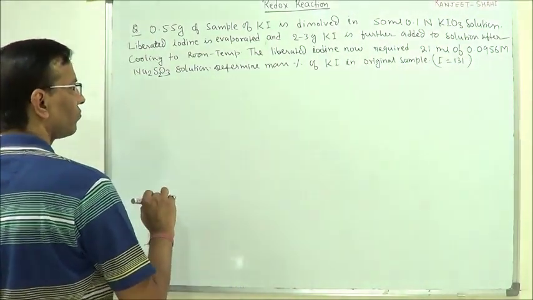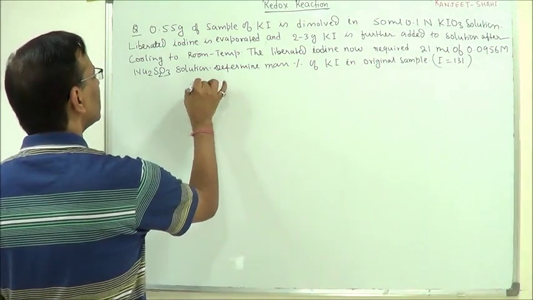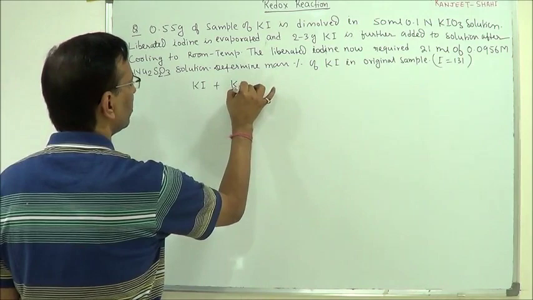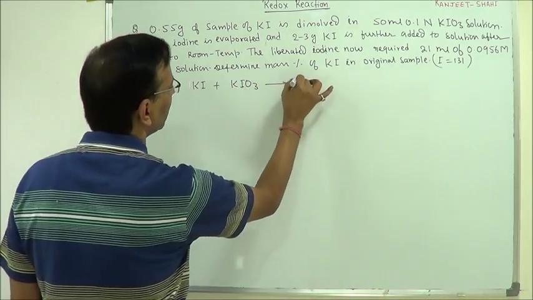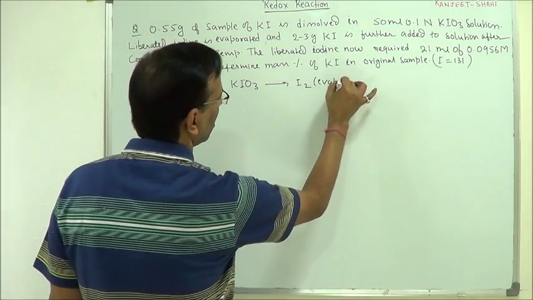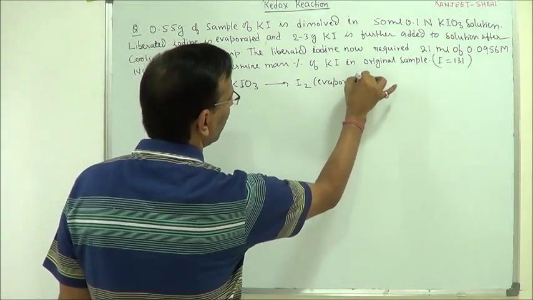First stage is KI reacting with KIO3 giving I2, evaporated off.